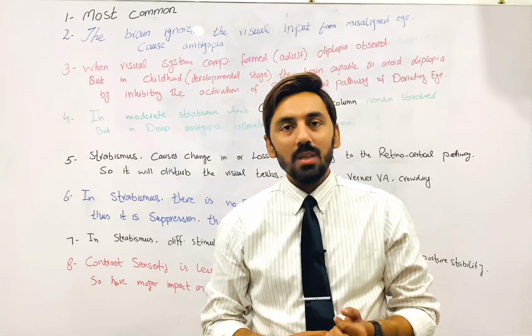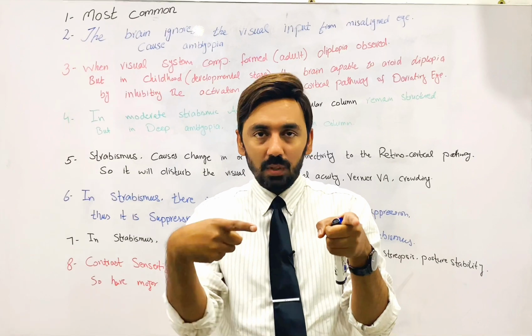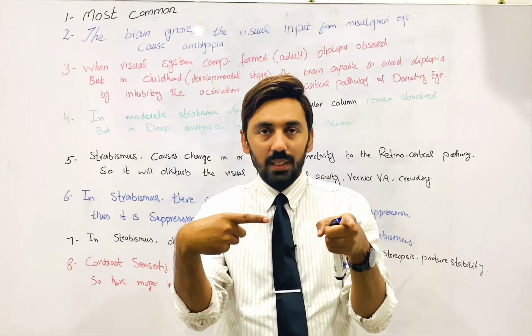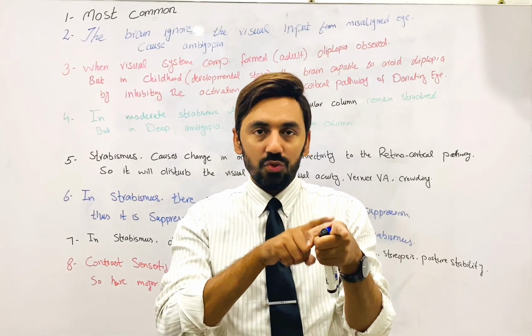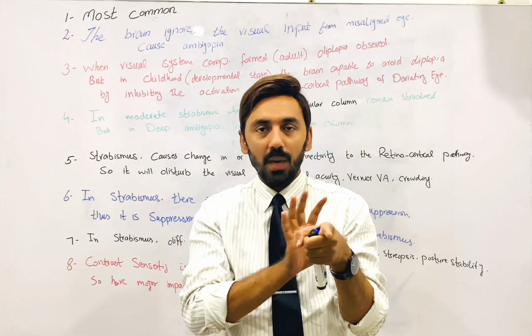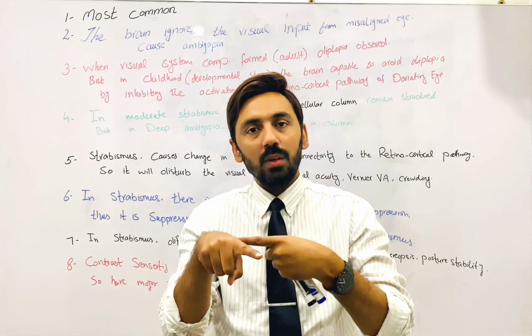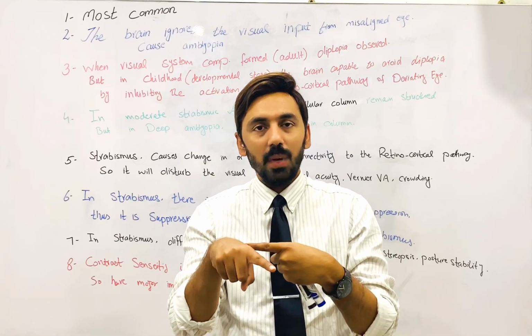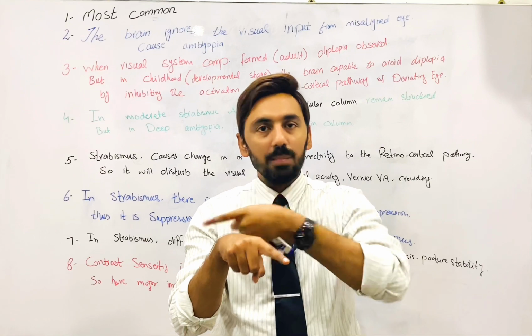Why? Because if one eye is straight ahead and one eye is esotropic, a misalignment in one eye, the fovea of the straight eye is receiving the image on the fovea, but in the deviating eye, the image is not forming on the fovea, but on the paraxial retina or another part of the retina.